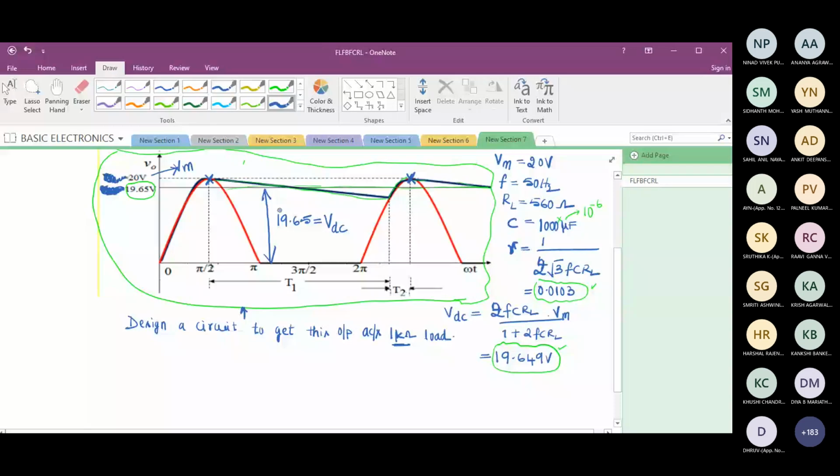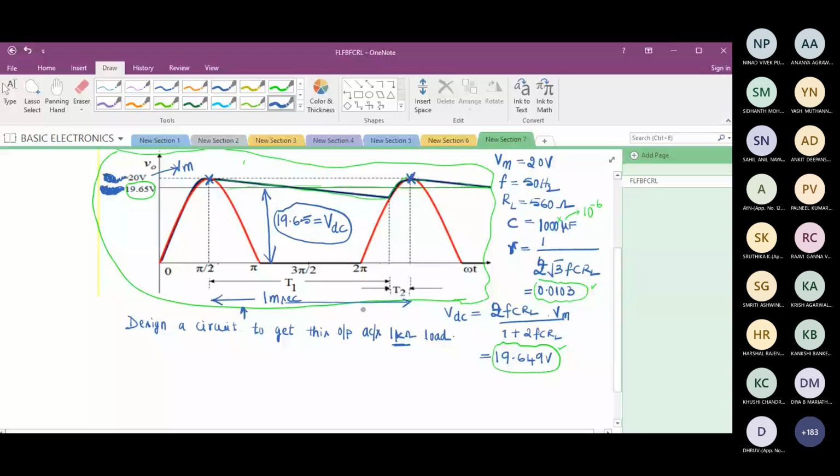19.65 DC value average, very clear from the waveform. And maximum voltage, you can make out, is 20. Peak value is 20. And say this frequency also I have given. So T1 plus T2, this also I will mention. Example, say 1 millisecond. Is this the period of the signal, T1 plus T2? Can you make out this is TP?